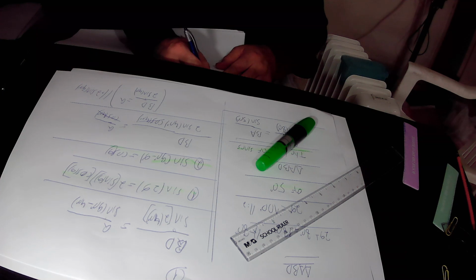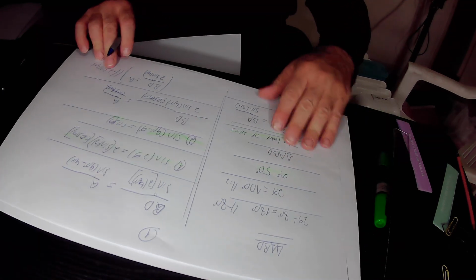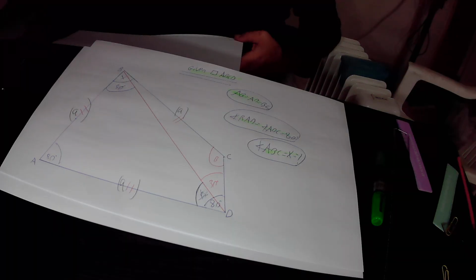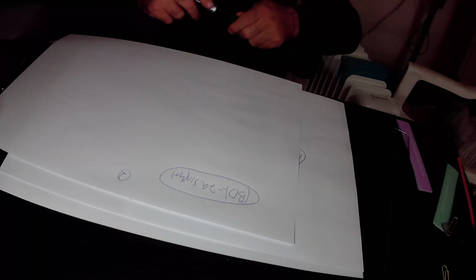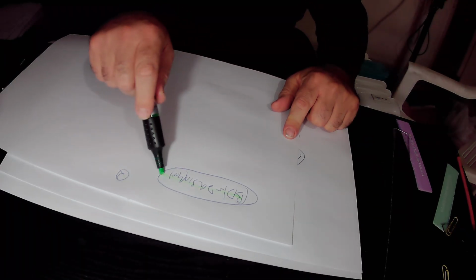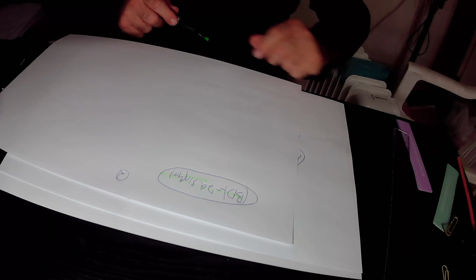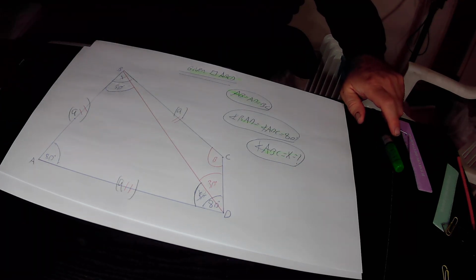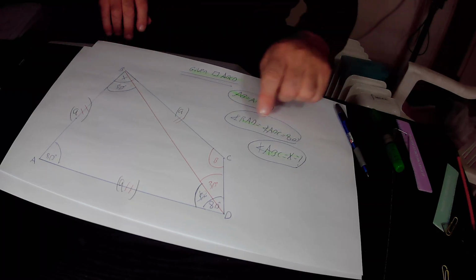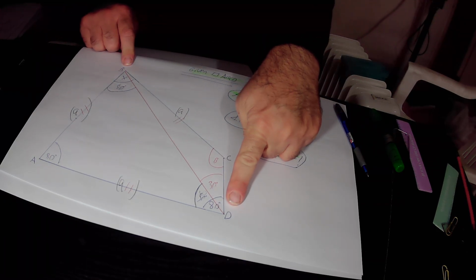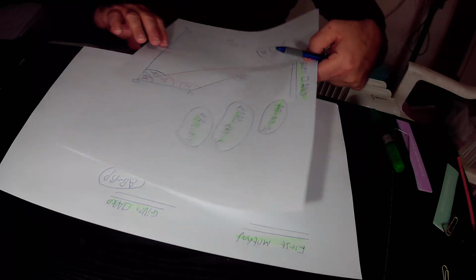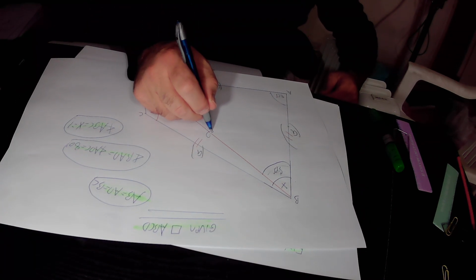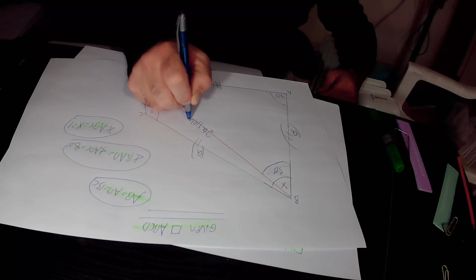And again, we find that the missing side BD equals 2A times sine 40 degrees in its length. So I write it down. BD equals 2A times sine 40 degrees in its length.